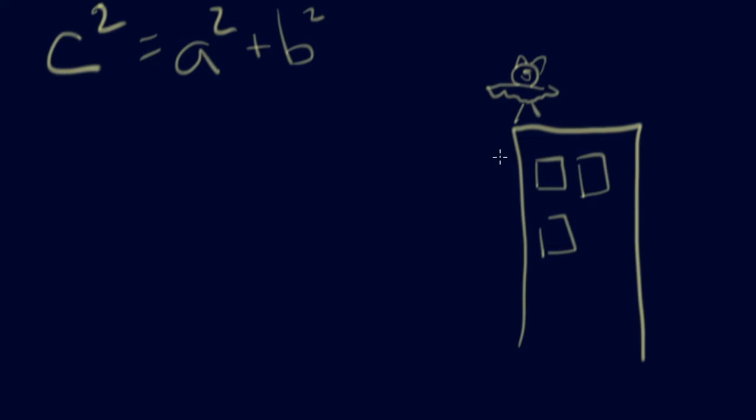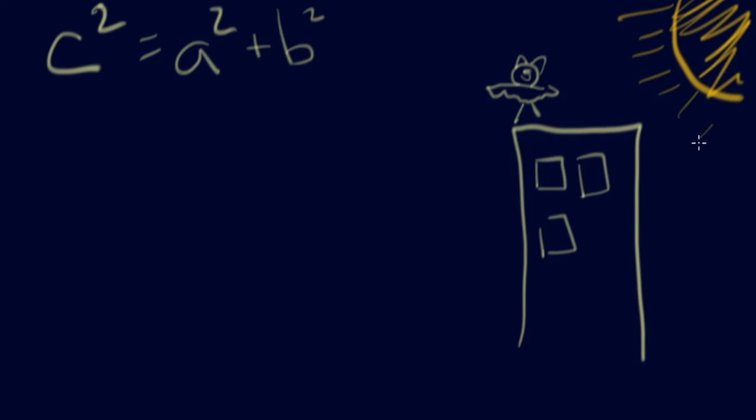But if we wanted to know the shadow of the building, so there's sunshine, this is our sunshine. And the building is 20 meters high. It's a really small building. And there's a shadow coming down like this.